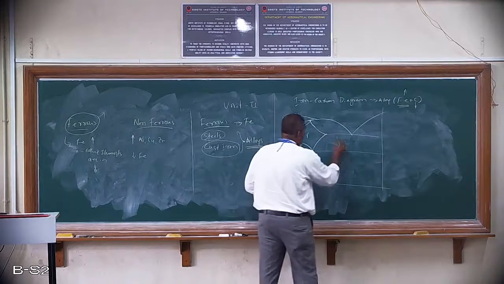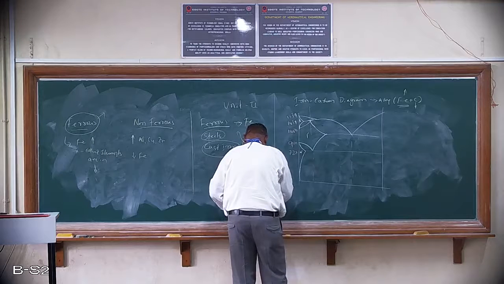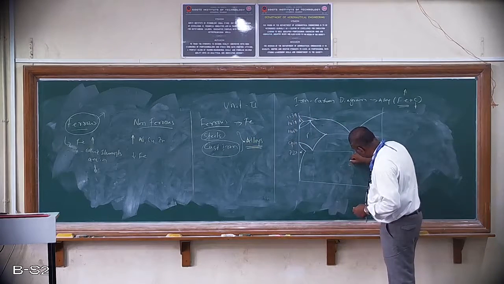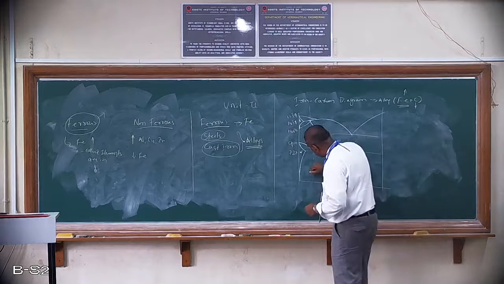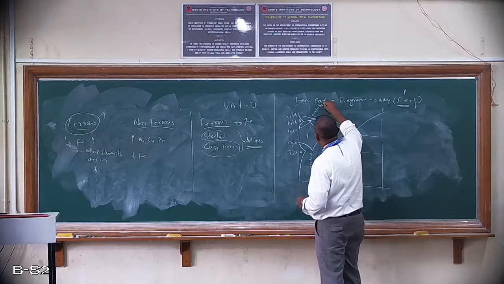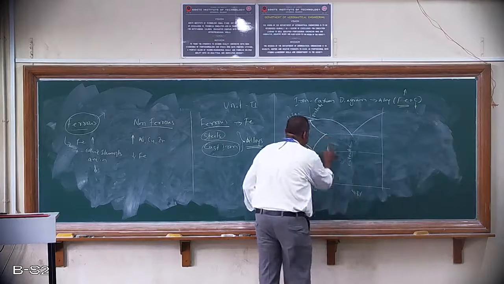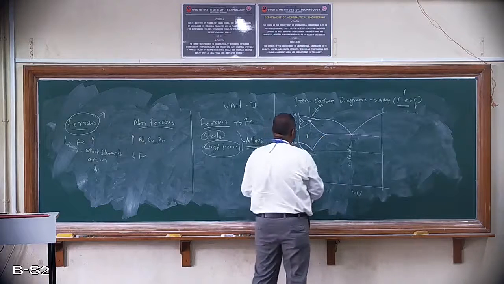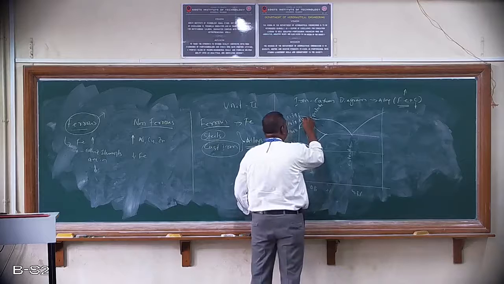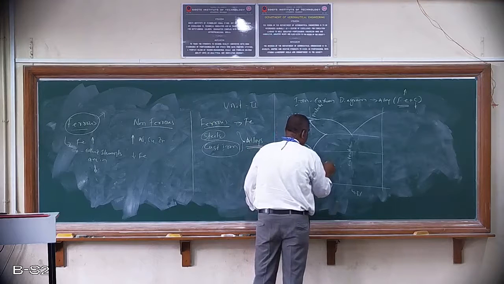So this is delta plus liquid, austenite plus delta, alpha plus austenite, ferrite plus Fe3C.